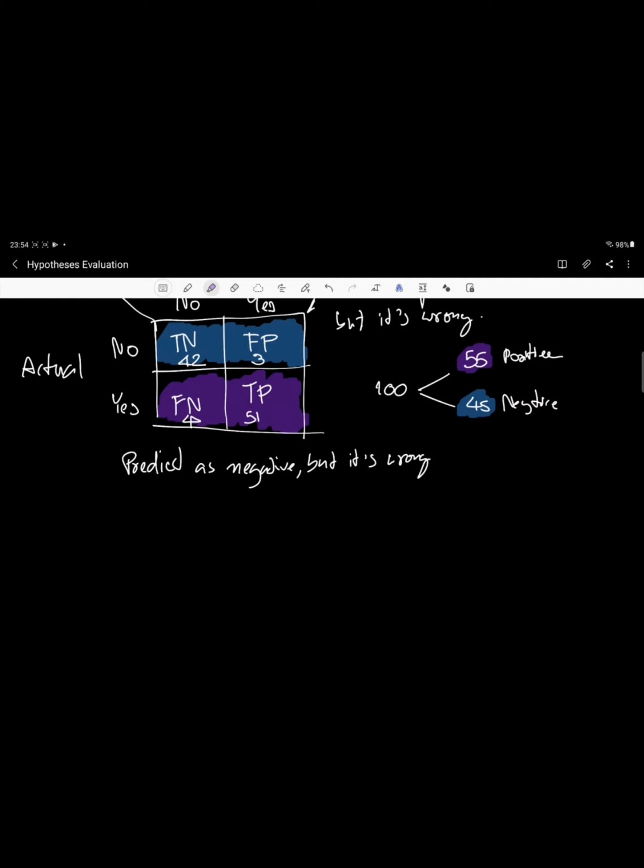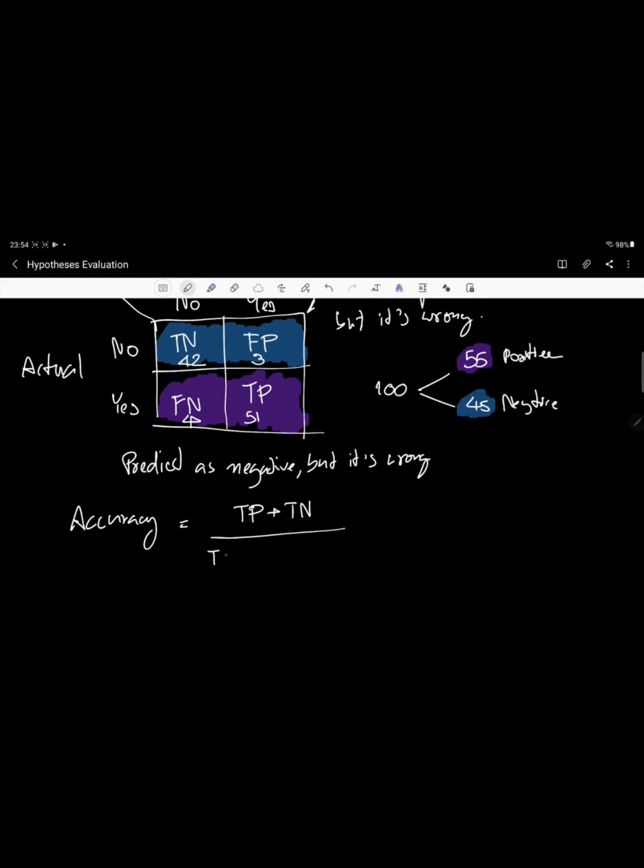The first one, I'll talk about the accuracy. The idea of the accuracy is quite simple, and you are familiar with these values. You can find it by using the true positive plus true negative, divided by all four values.